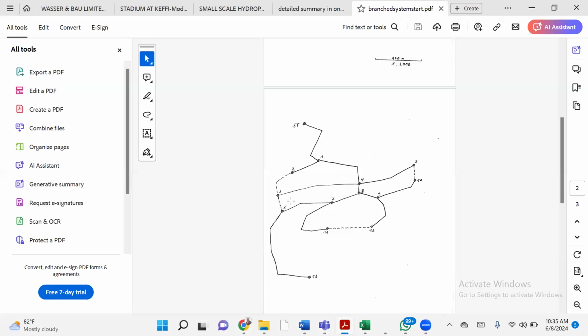For instance, look at node 6. Node 6 will service, look at node 13. Node 13 will service all the houses that are between 6 and 13. You look at node 11, it will service all the houses between 7 and 11. So we cannot start putting nodes at every house.